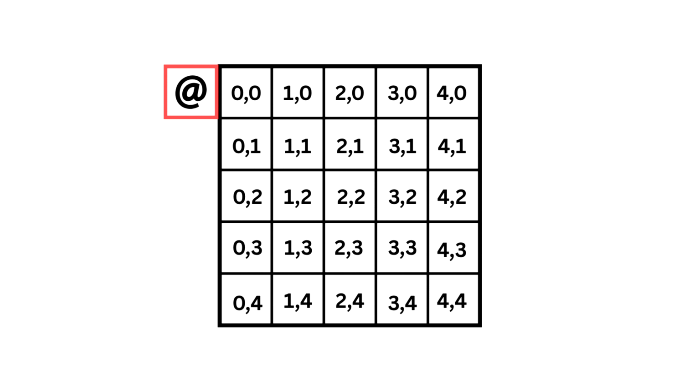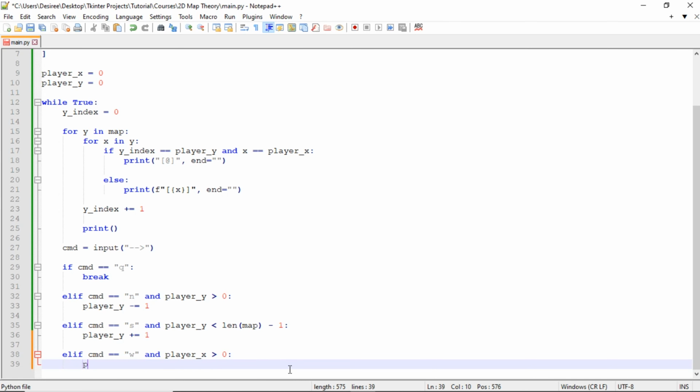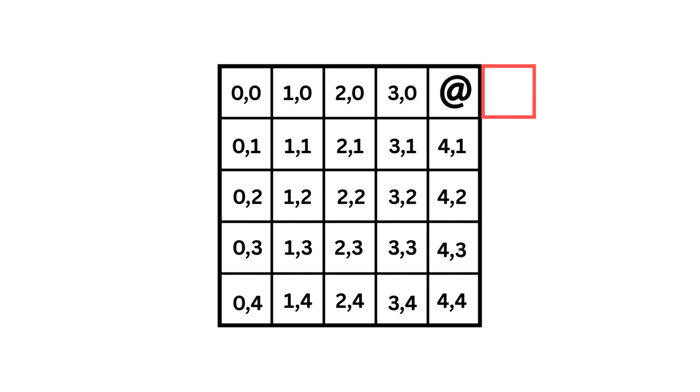We'll repeat the process for the west direction while keeping the player from moving off map. So again, we'll do else if command is equal to west and player_X is greater than 0. We'll do player_X minus equal 1. And yet again, we'll do the same thing for the east direction.